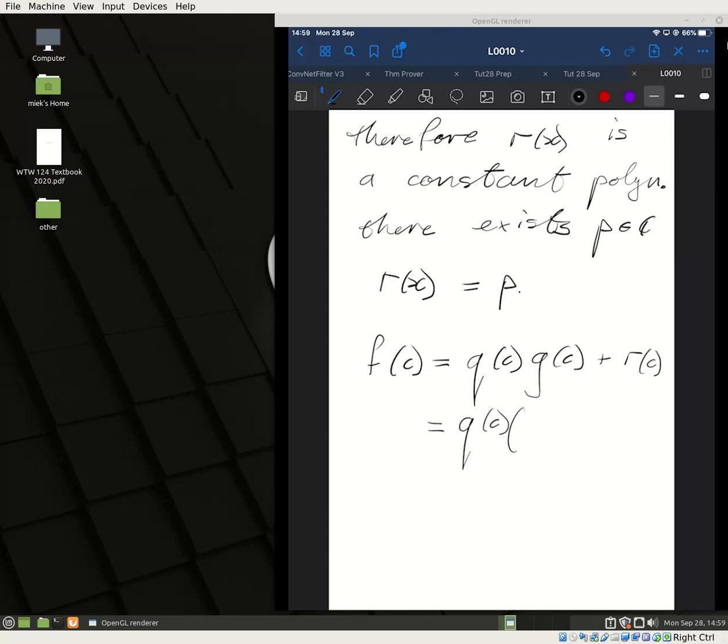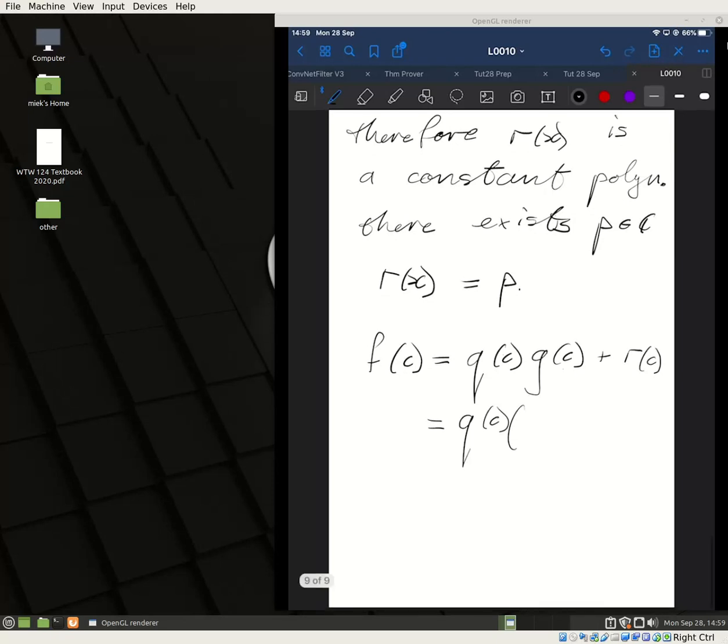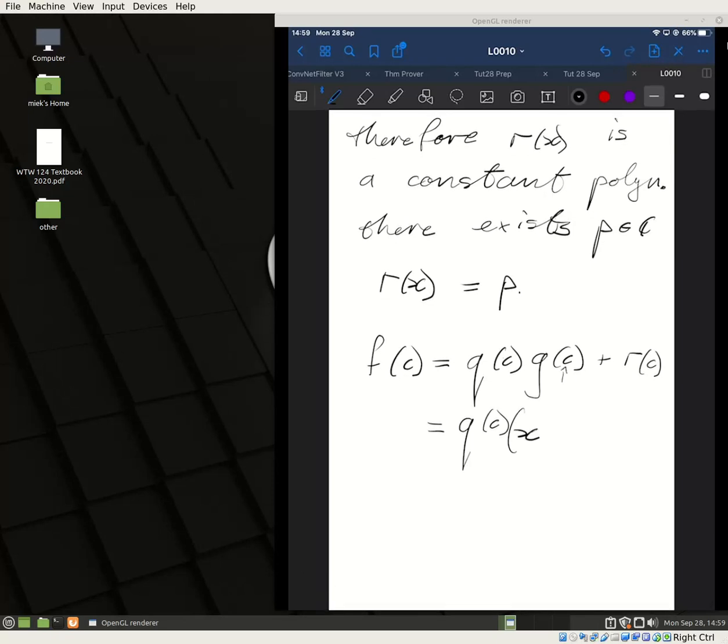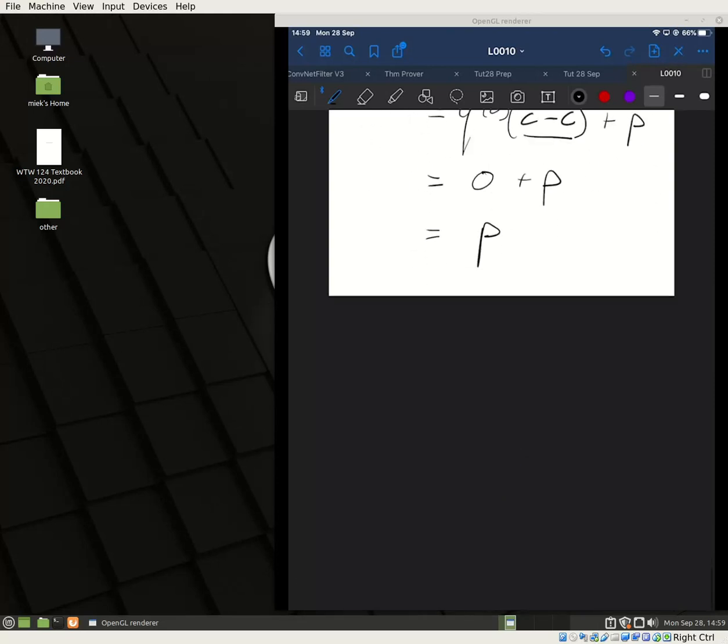What is g? g is x minus C, but now we're substituting the C in there, so we get C minus C, plus r(C), but it doesn't matter what x is, this is always equal to p. This is equal to 0, so we've got 0 plus p, and this is equal to p.